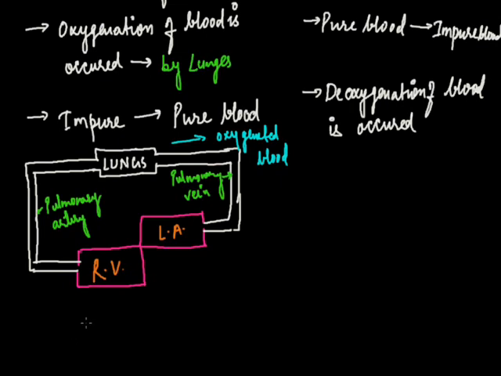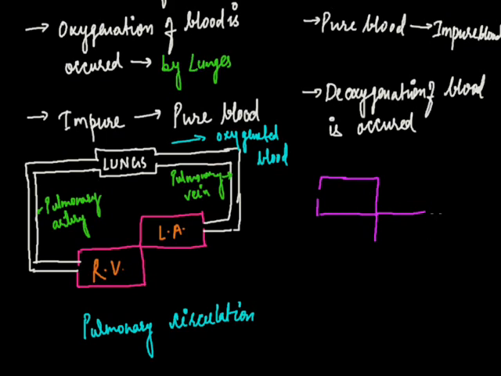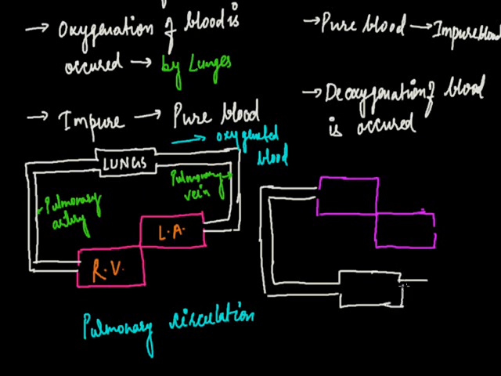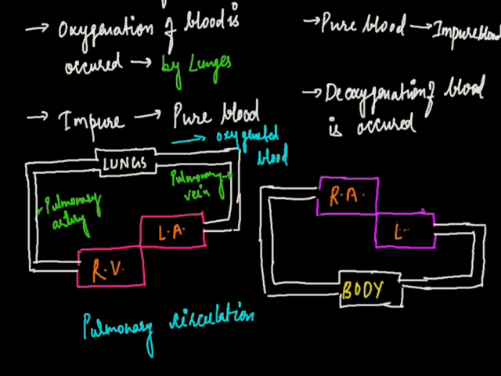Next is systemic circulation, and we will understand it with a diagram. The way of systemic circulation is from the left ventricle to the body and from the body to the right auricle. Here is the right auricle and here is the left ventricle.